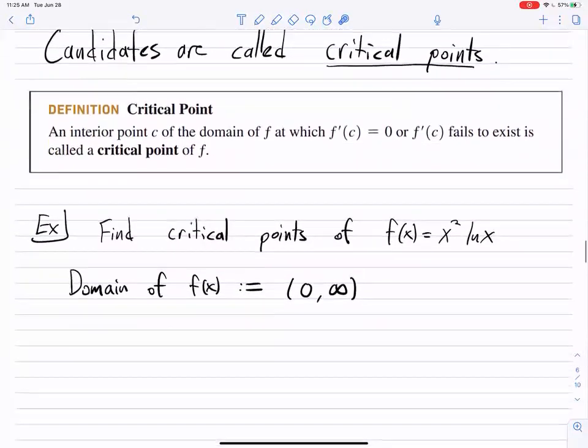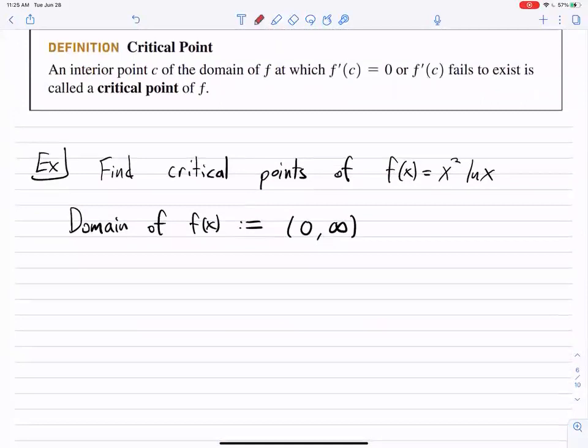And so here's an example of finding critical points. First thing you need to know is what the domain of the function is. So if our function is x squared times ln of x squared, you can plug in anything for x squared, but for ln of x, you have to plug in positive numbers because ln of 0 doesn't exist. It's negative infinity. And so our domain is all positive numbers.